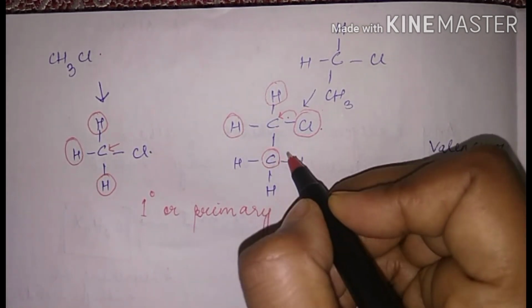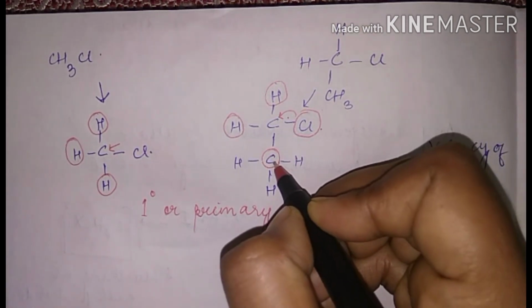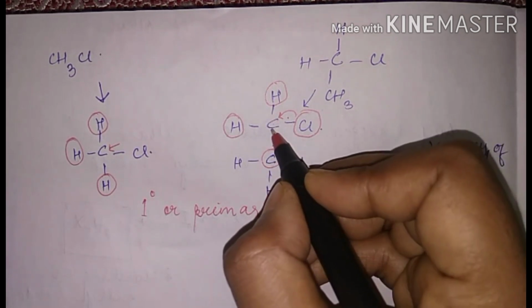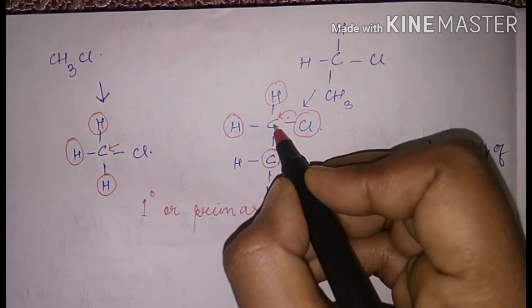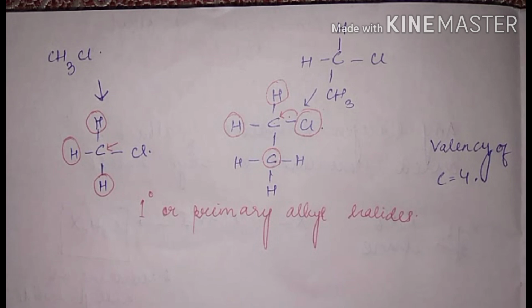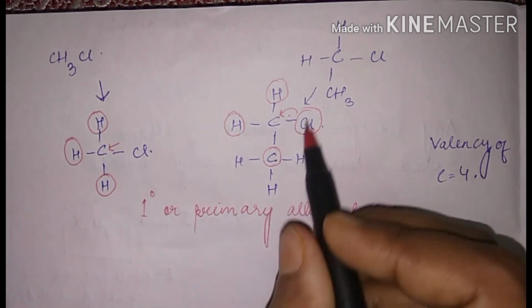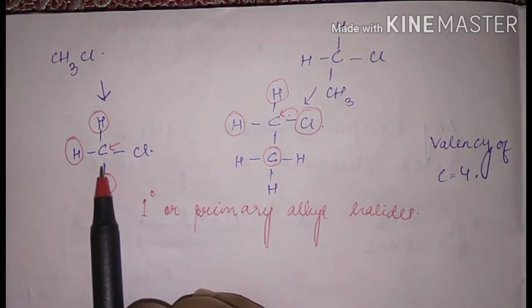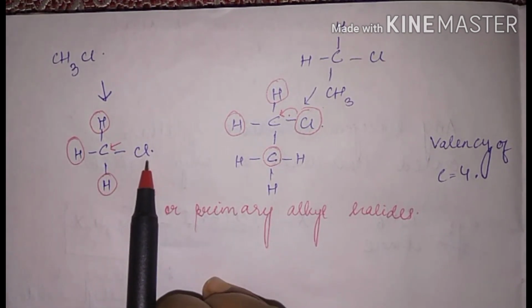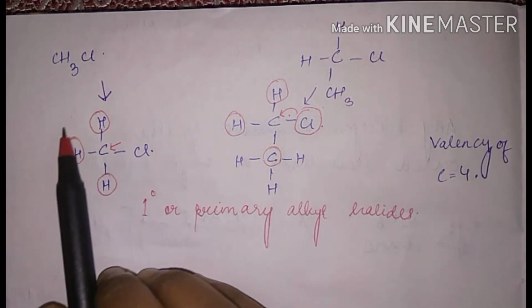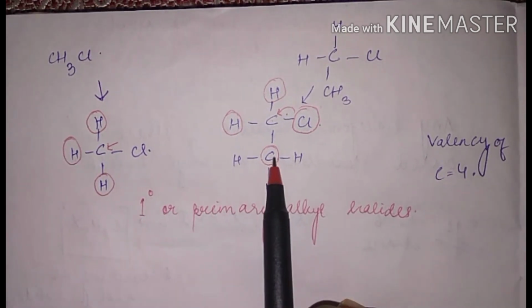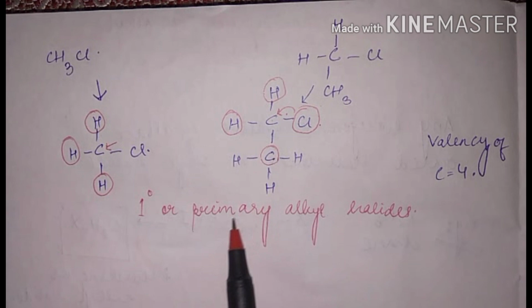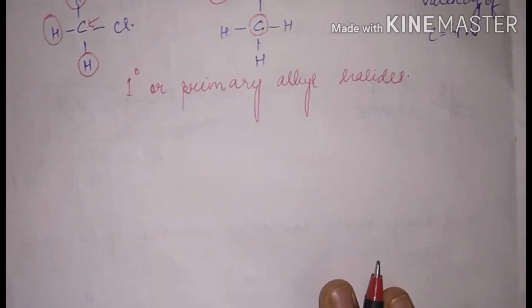We see this carbon atom only, to which directly this carbon atom is attached, which is connected to the alkyl halide. Now, such a type of alkyl halide in which, as I already mentioned before, the carbon atom connected to the alkyl halide is further attached to no other carbon atoms or only one carbon atom, such alkyl halides are called primary alkyl halides.